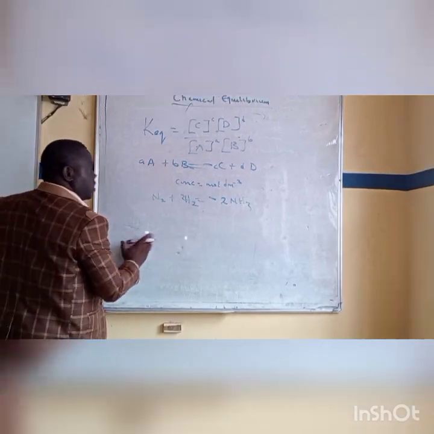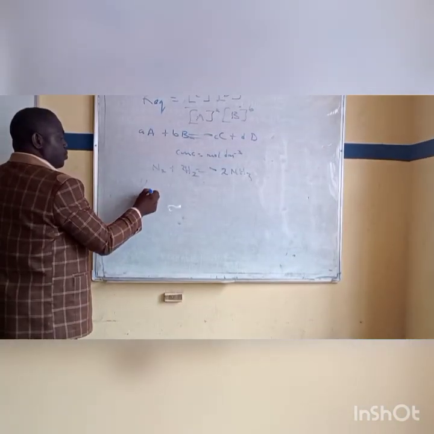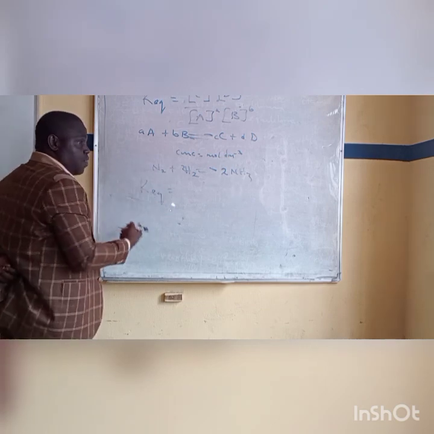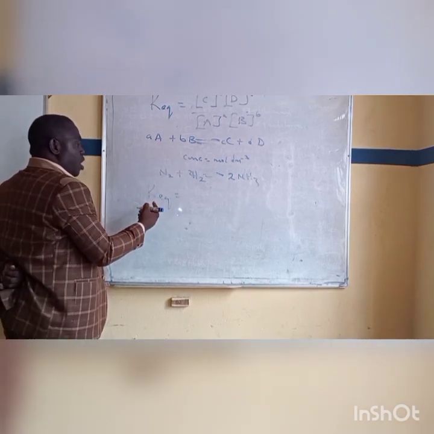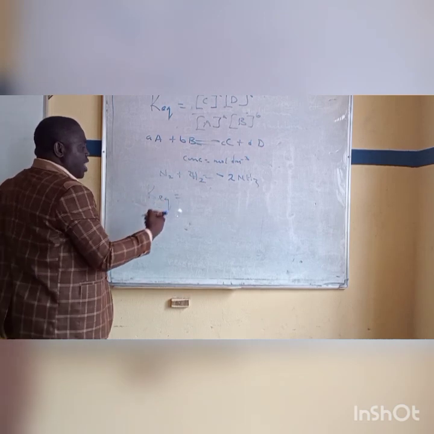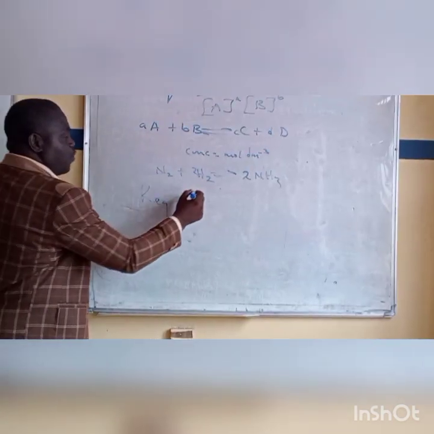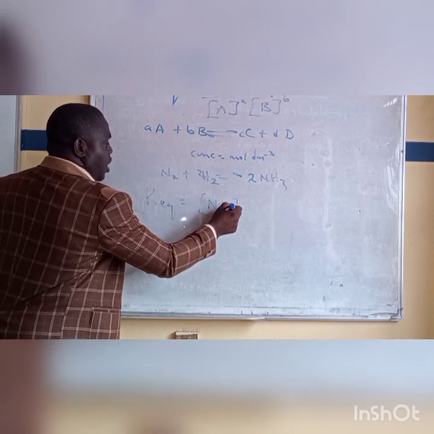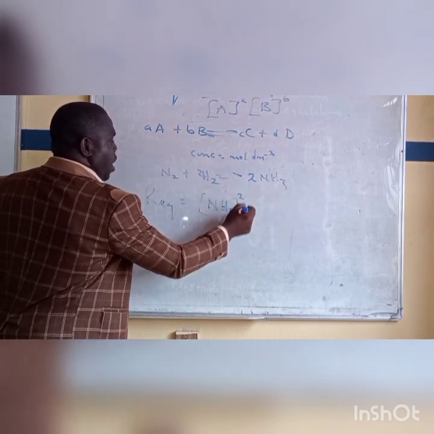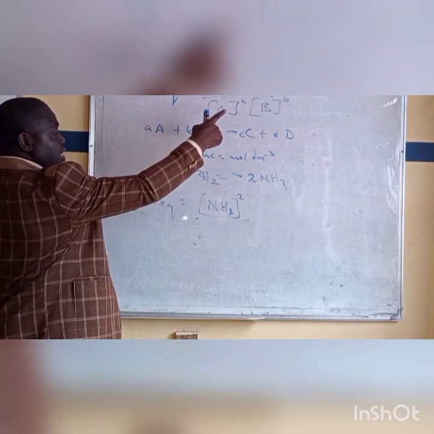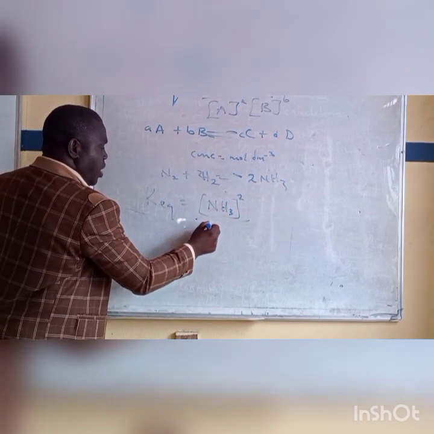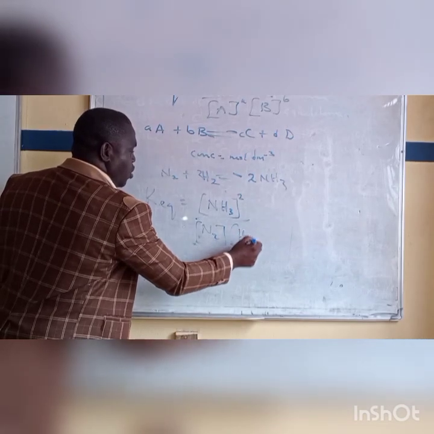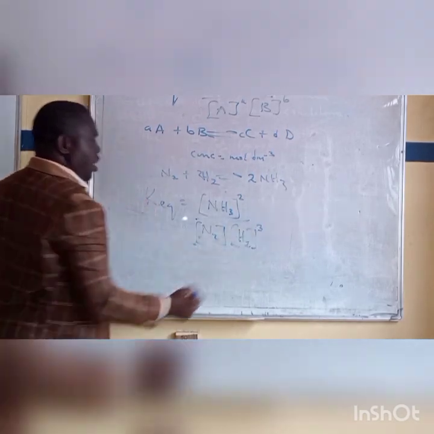If we are to write the equilibrium expression for this reaction, it is going to be NH3 raised to power 2 over N2 and then hydrogen raised to power 3.